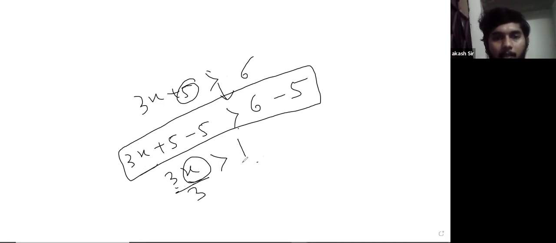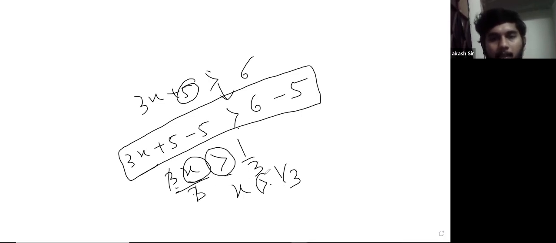So dividing by 3 on both sides, I'll get x is greater than 1 upon 3. See, here also I didn't change the sign of the inequation, right? Because I divided by a positive number. Got it? Yes, sir. Okay. Everyone got it, I hope.